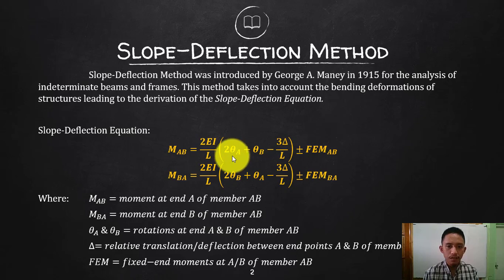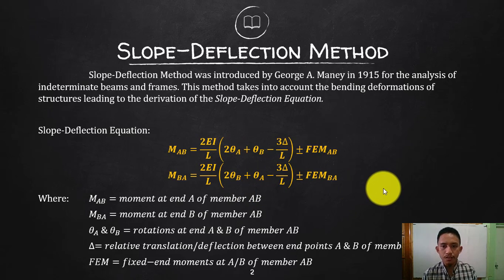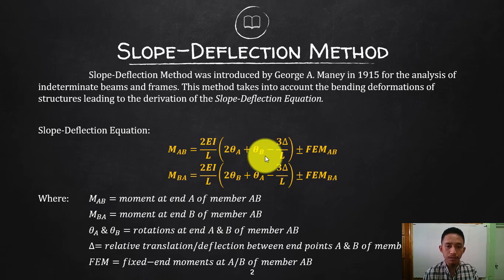If you say known, let's say that your theta A is 0, theta B is 0, delta is known to be 0, then that is where we will start with your compatibility equations. But in your slope deflection, if your theta A, theta B, and delta are the unknowns, then these are what we are going to use for your slope deflection equations. Okay, so that is our slope deflection.